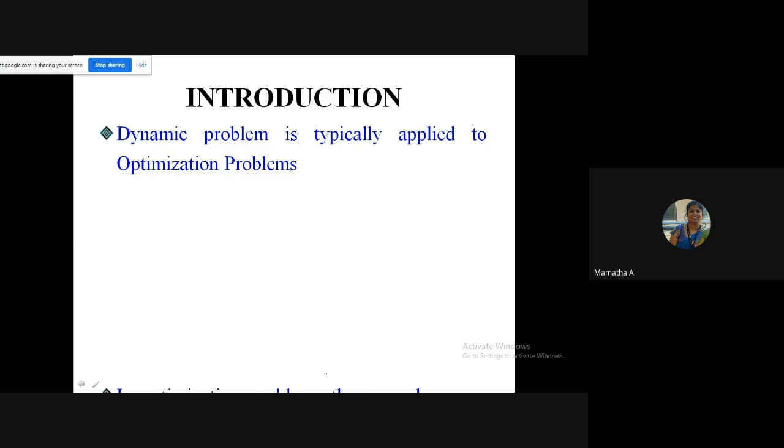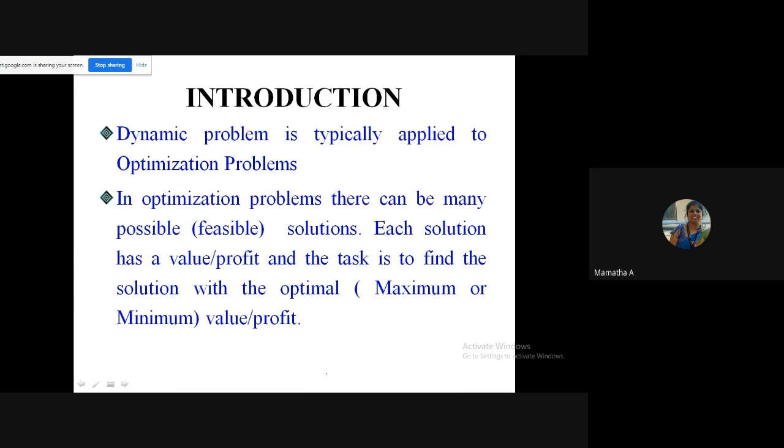As I told you, in optimization problems, there are several possible solutions. So what are those possible solutions called, students? The possible feasible solutions. And out of all the possible solutions, there is one solution called an optimal solution. What is that optimal solution?